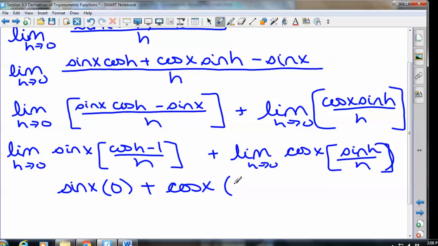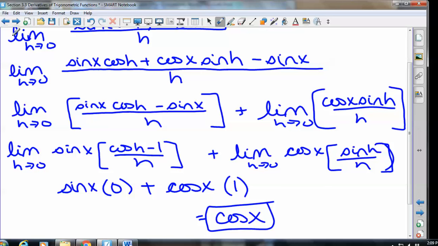What's sine h over h turn into? 1. That was the very first piece that we had today. So we get this entire derivative to be cosine, like we suspected from the graph. So that was really a proof. I just proved to you that the derivative of sine is in fact cosine.